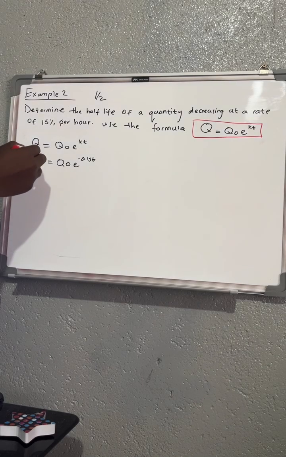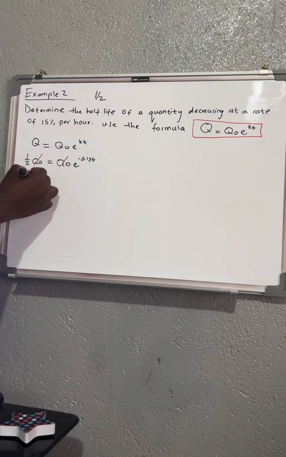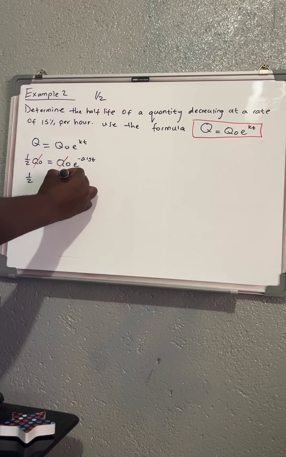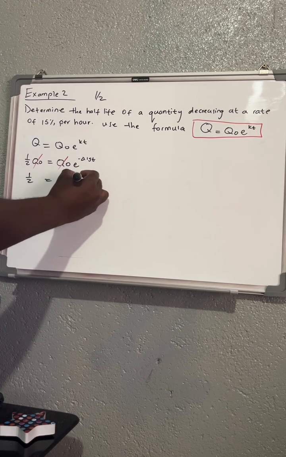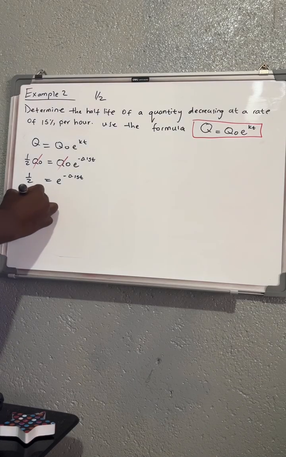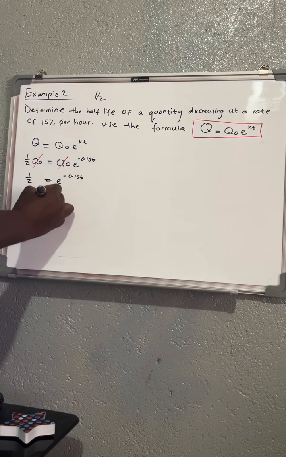So we're still going to be following the same procedure we did on the last video. On the last example, that one is going to cancel that one. We're going to have half, then we have E to the exponent minus 0.15 T. Then I said, if we're working with E and we're trying to remove it, we introduce a ln. We have a ln of 1/2.